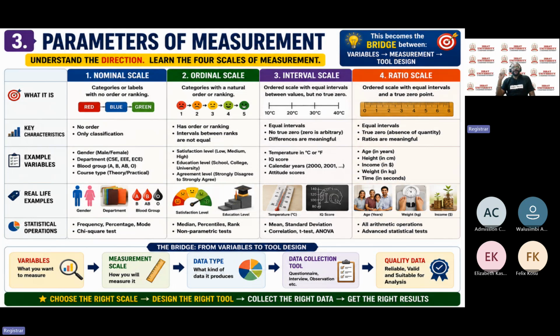So all ordinal scales have an order or a ranking. And the intervals between each rank, like if you look at the smileys, are not the same, they are different between each. 5 and 1 is different, 4 and 1 is different. So it keeps on changing.